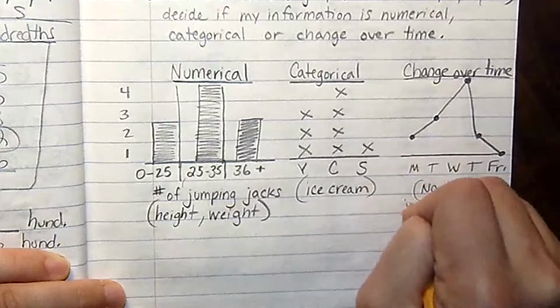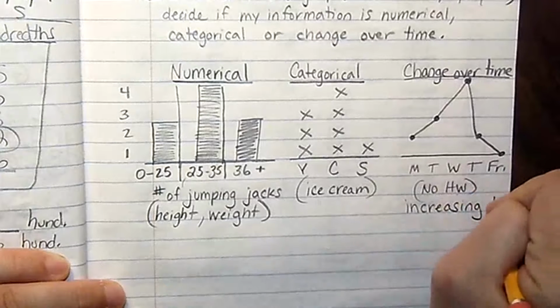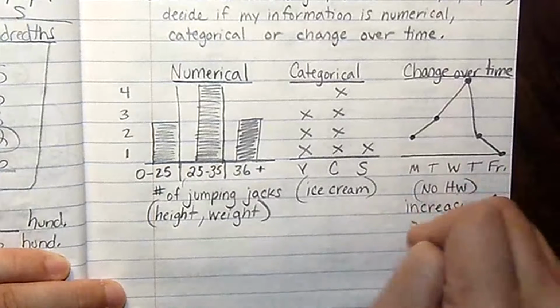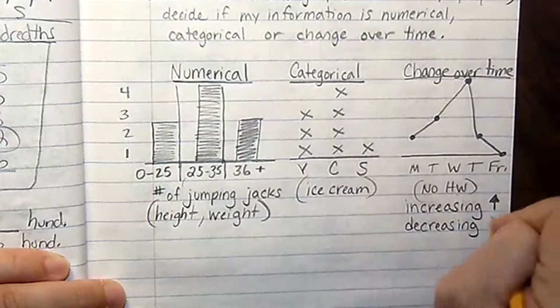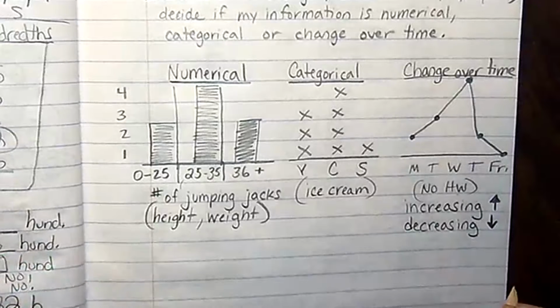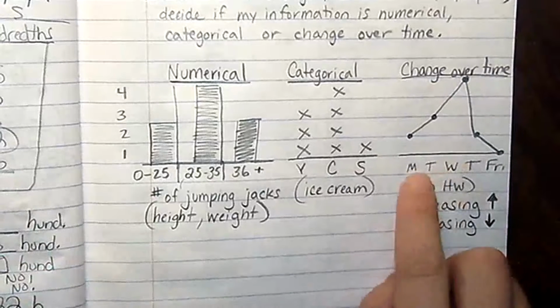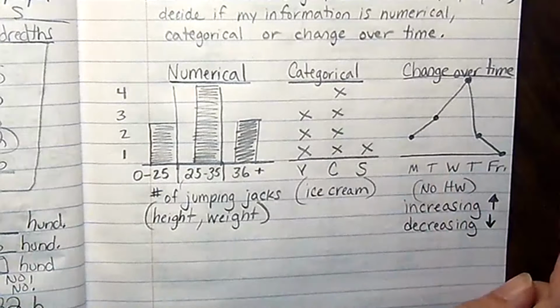And we talk about our information increasing. Increasing means to go up, and decreasing means to go down. Other things that I might measure of change over time, I could measure the number of visitors in a week to the mall.